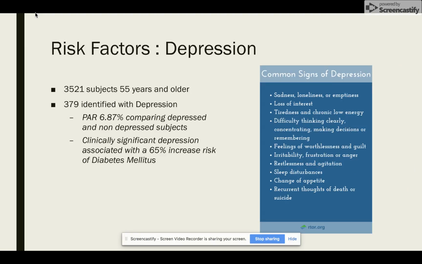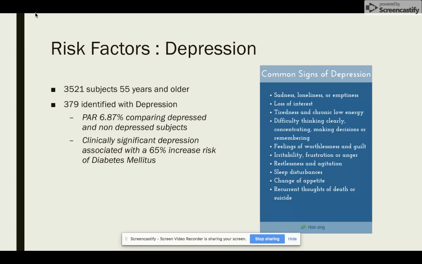The fourth risk factor that I looked at was depression. In this study, there were 3,521 subjects, 55 years and older. The cases of depression were diagnosed according to standardized criteria. Diabetes was assessed using risk factor questionnaires. 379 of them were identified with depression.